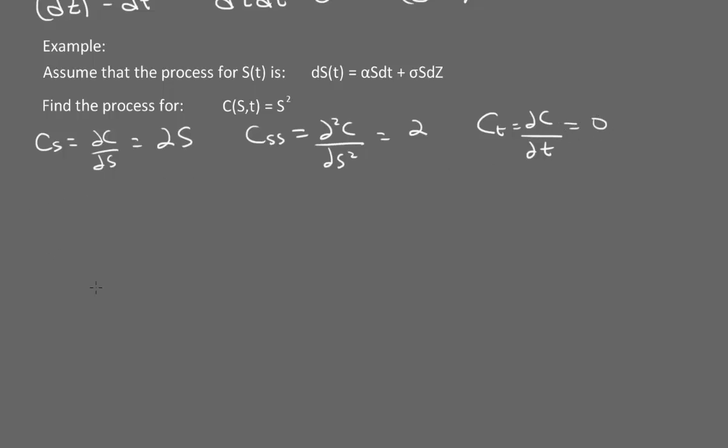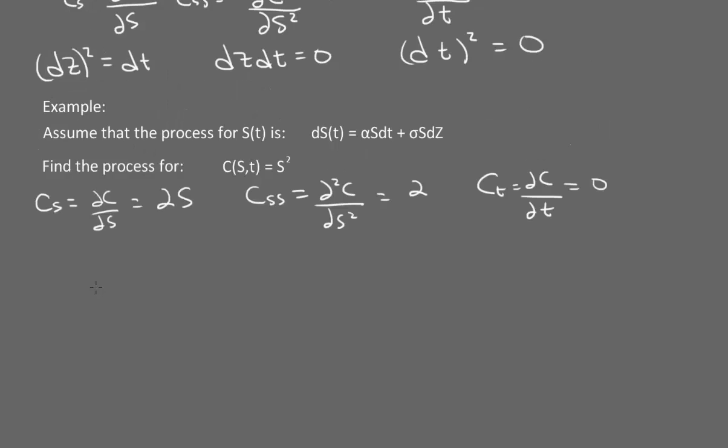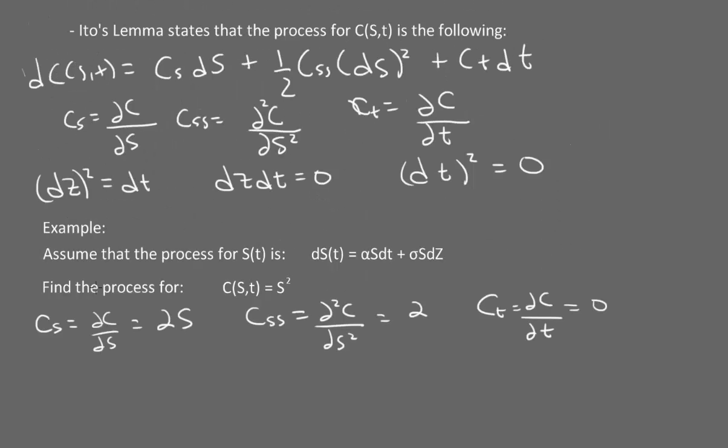Now we can plug it into the equation that we solved for Ito's lemma. dC(S,t) is equal to Cs dS plus 1/2 Css dS squared plus Ct dt. So we get dC is equal to 2S dS plus 1/2 multiplied by 2 multiplied by dS squared plus 0 dt.